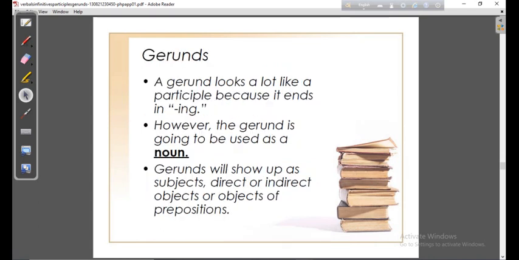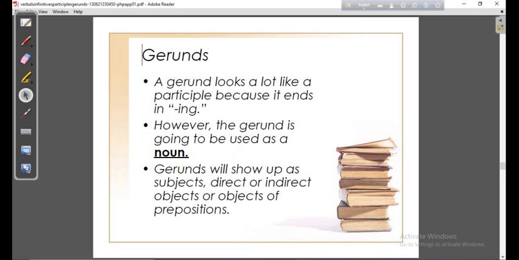Next. So now let's talk about gerund, and then we'll find out what the differences are between a gerund and a participle. So what is gerund? Gerund is also a verb form. Okay, so it is the ing form of the verb. In participle, the ing form of the verb will work like an adjective.